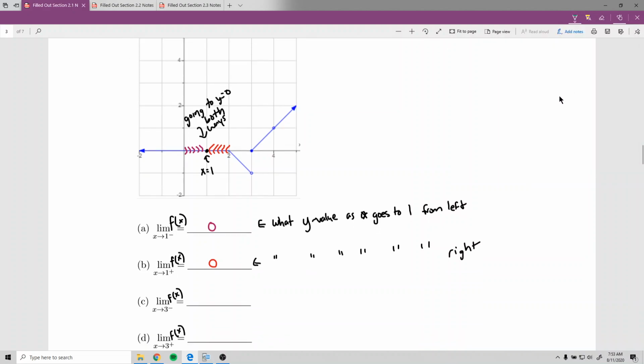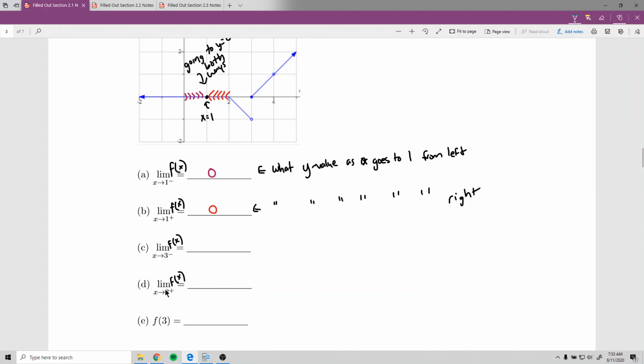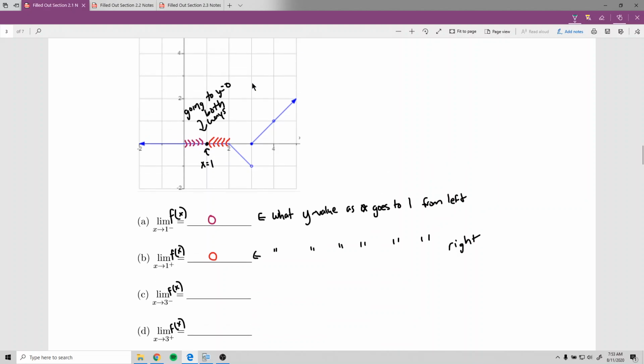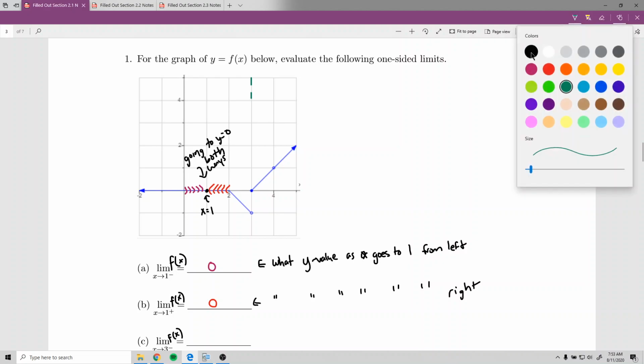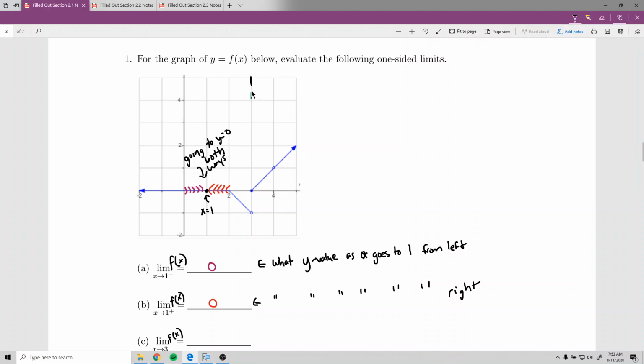Right, now parts C and D are asking about 3. Now for 3, that is right here. This is where the graph breaks up. I'm going to go ahead and, instead of drawing a circle, just draw a dashed line so we can see. Right, this is where x equals 3.